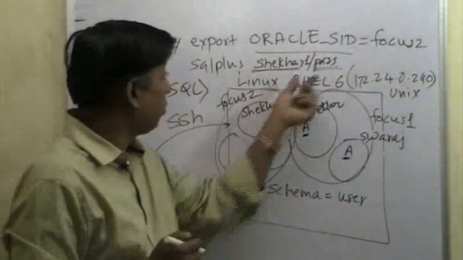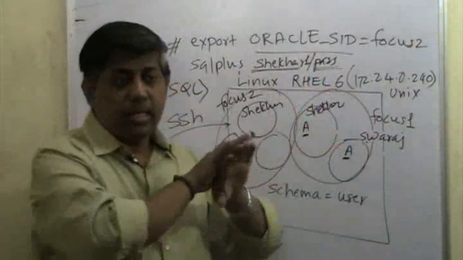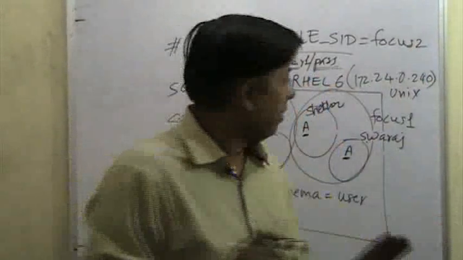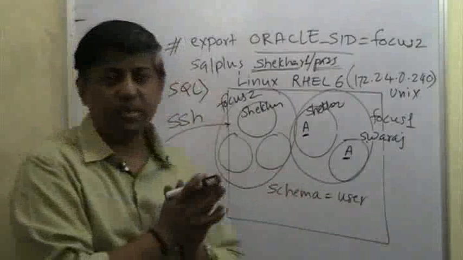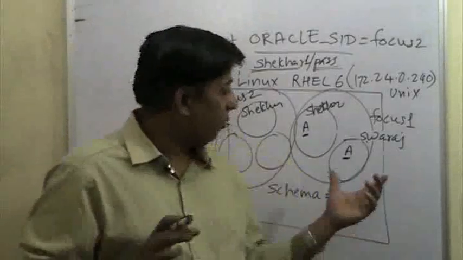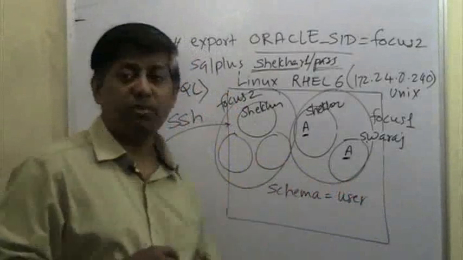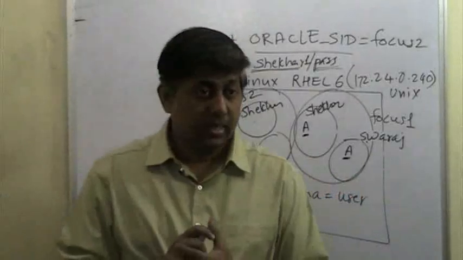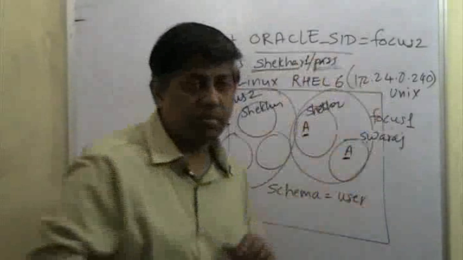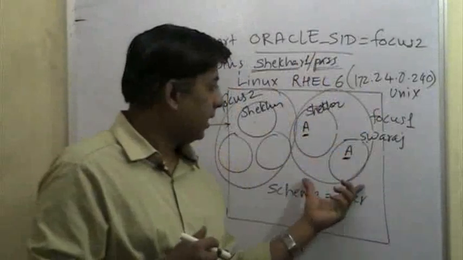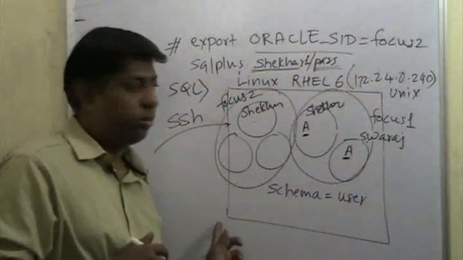This password could be totally different from the other password. They have nothing in common. Focus1 database and Focus2 database have nothing in common. There would be 5 different data files for Focus1, and there could be 5 different data files for Focus2. So this is the logical concept of a database. A database is running inside a Unix machine or a Windows machine.